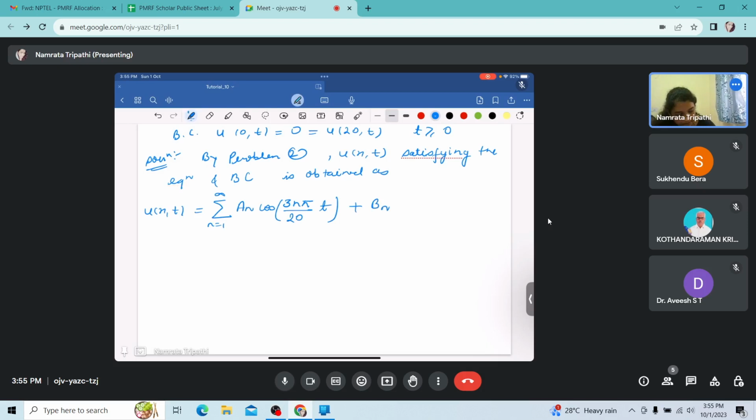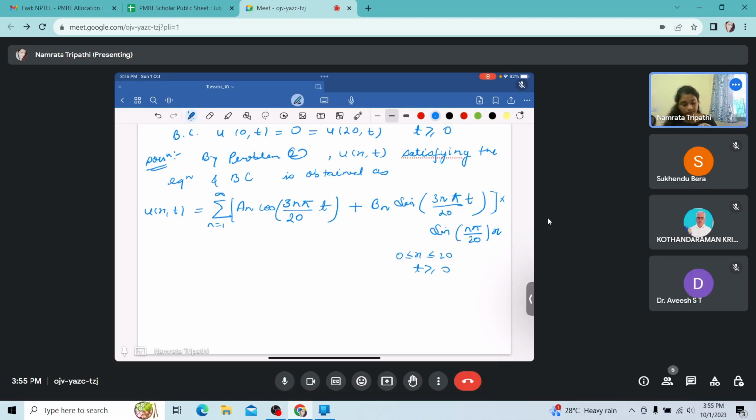Plus bn sine 3n pi upon 20 into t into sine n pi upon 20 into x, where the value of x is from 0 to 20 and t is greater than or equal to 0.